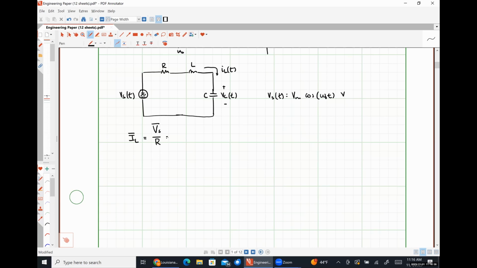So we are simply going to have Vm divided by R, angle 0 degrees, as our current flowing through our network when we are exciting this circuit at its resonant frequency. In the time domain, then, our inductor current IL of t will just be Vm over R times the cosine of omega naught t.